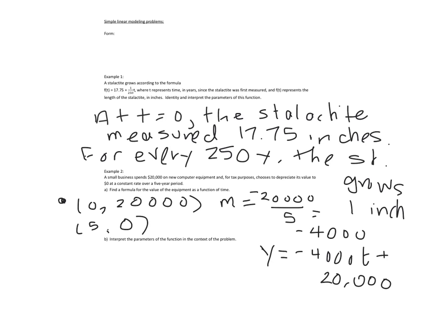It's probably important to tell the reader what my y and my t are. I don't have much space on my screen to write it, so I'm going to write it over here to the side. So y is value of the equipment, and t is time in years since purchase.